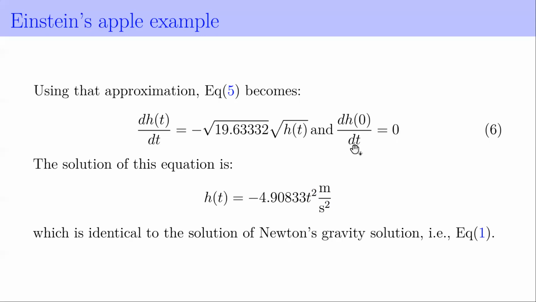And as we did before with Newton's equation, we set the initial velocity to 0 and h equal to 0. The solution of this equation, not surprisingly, gives the identical solution to Newton's gravity solution. We get minus 4.9 times t squared meters per second squared.